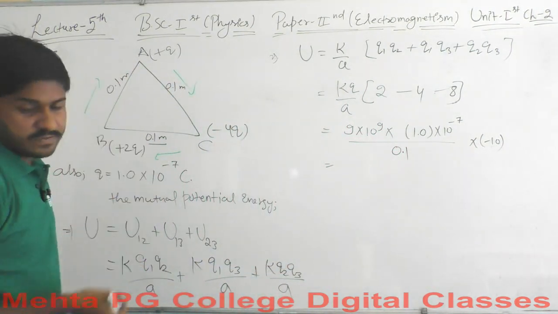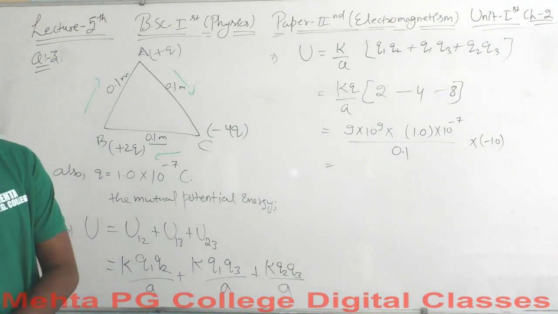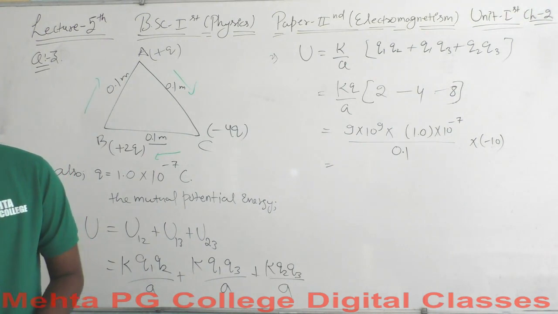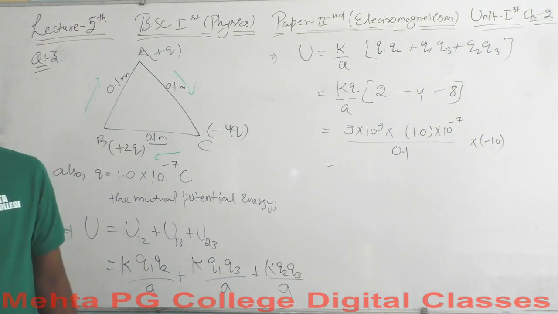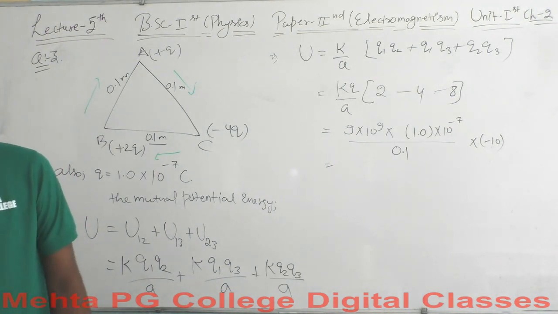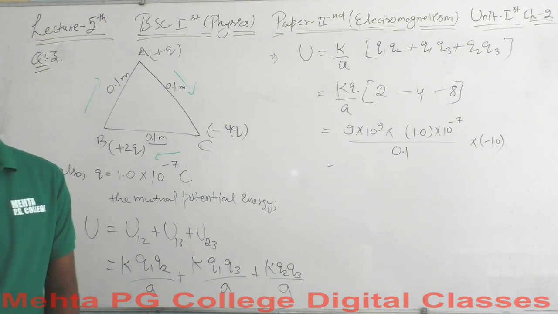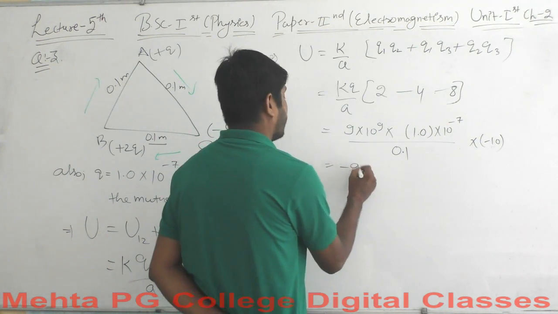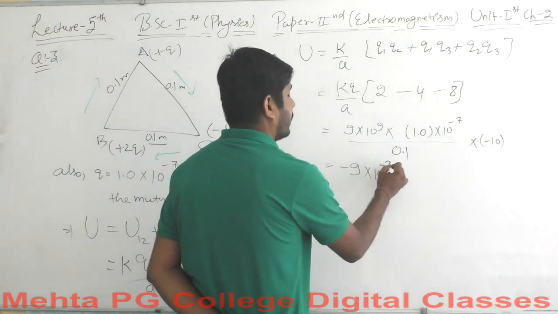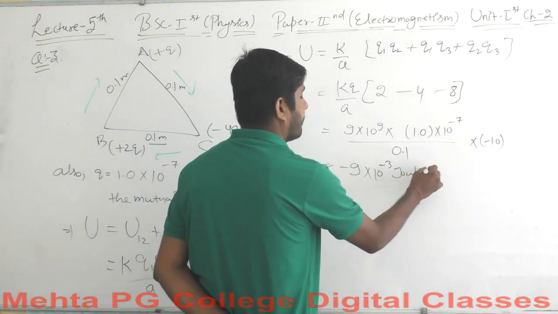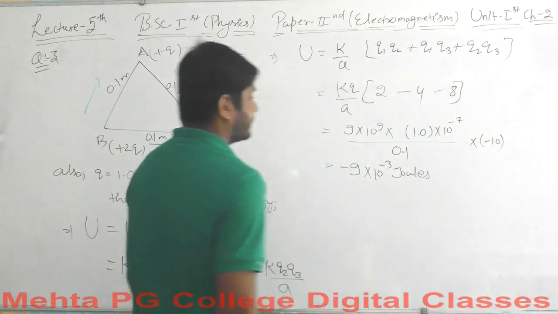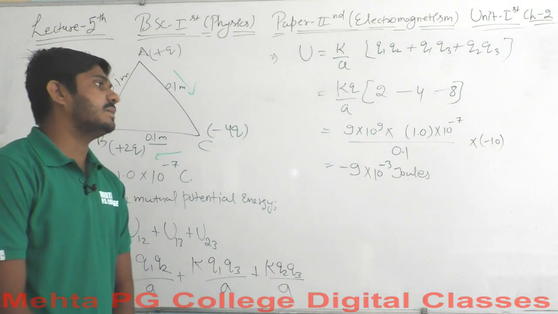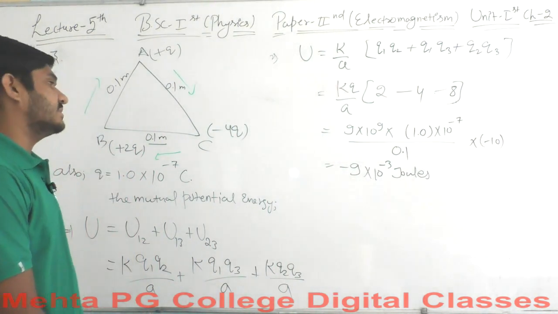By solving all this, we will end up having an energy that is equal to minus 9 into 10 to the power minus 3 joules.